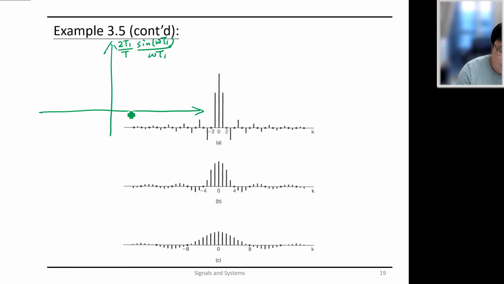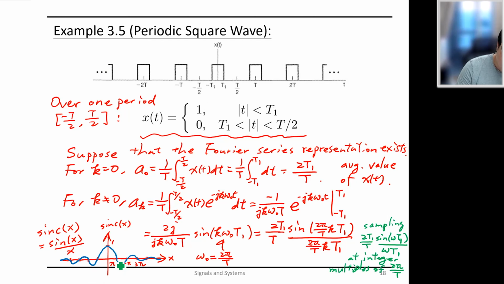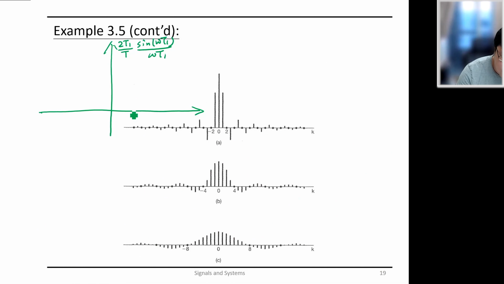Okay, so instead of having the 0 points at integer multiples of pi, you now have the 0 points at integer multiples of pi over t1. Okay, so your peak value is 2t1 over t.